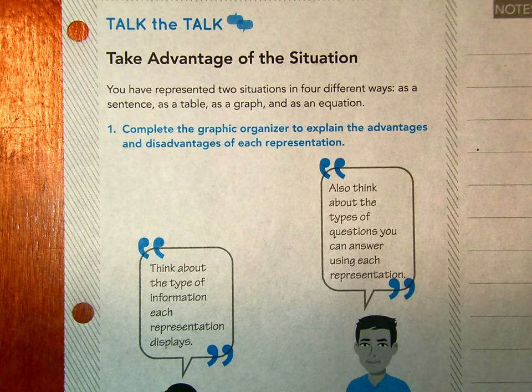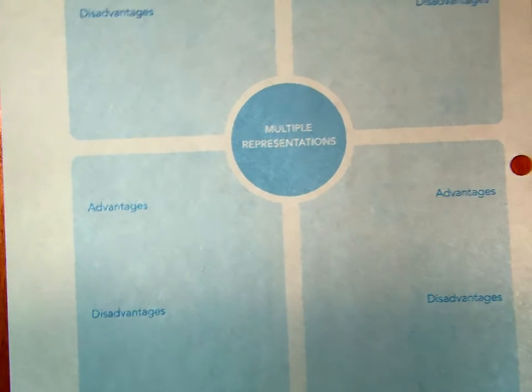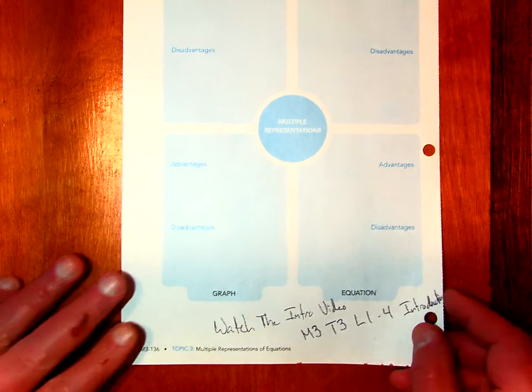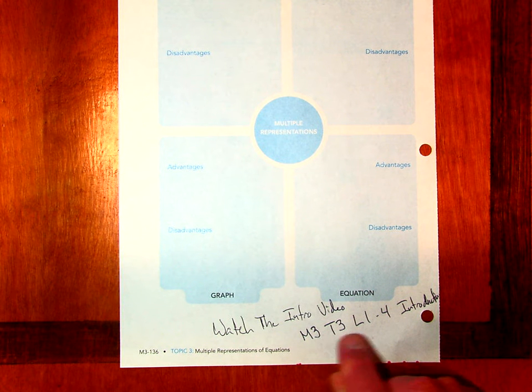And again, early on, when we first went into this section, in my introduction video, Module 3, Topic 3, Lessons 1 through 4, Introduction, I talked about all 4 of these.